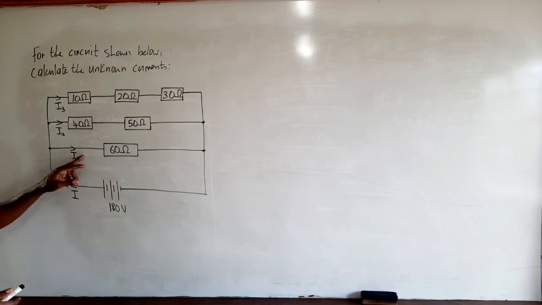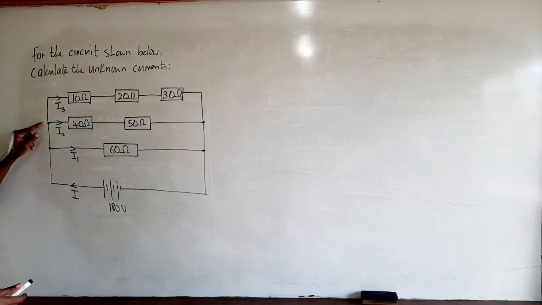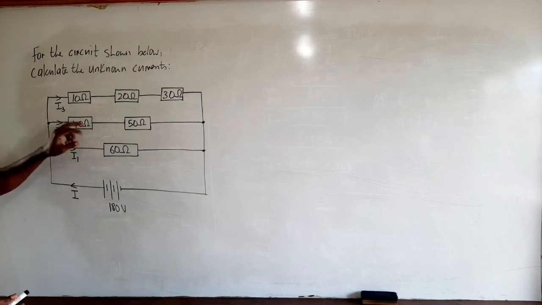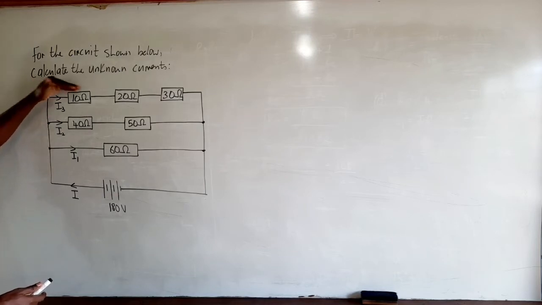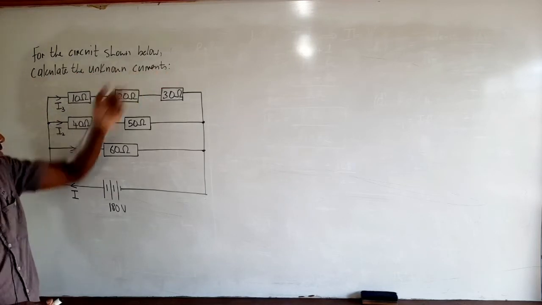A certain fraction I1 flows to the 60 ohm resistor. It continues and splits again. A second fraction flows to this branch, 40 ohm and the 50 ohm connected in series. And then of course, a third portion, I3, flows to the 10 ohm, 20 ohm and the 30 ohm connected in series.